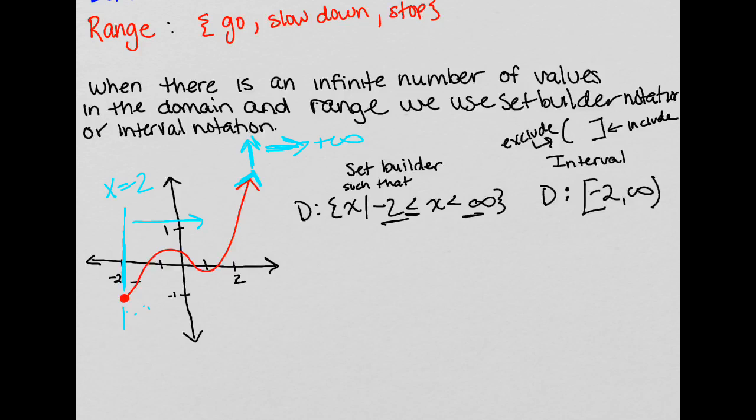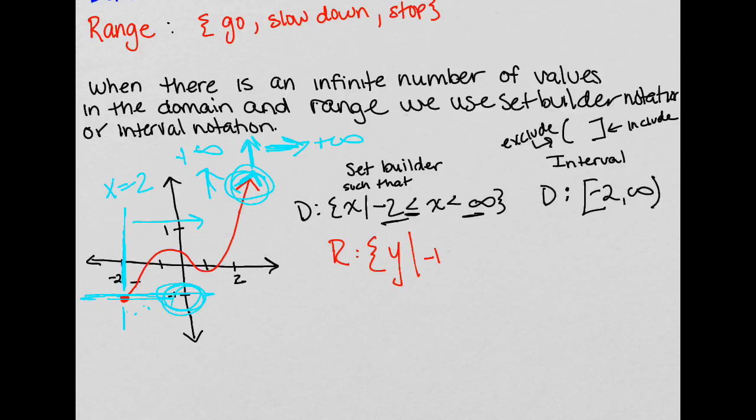Moving along to the range, our y values. And I see right here, we have a bottom at -1. But just like with the x values, we're not going to have a maximum value. It's going to continue to go up towards positive infinity. So for our range, we're going to say y such that y is greater than or equal to -1.